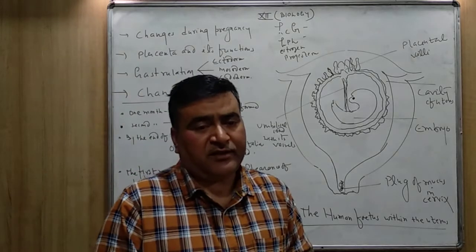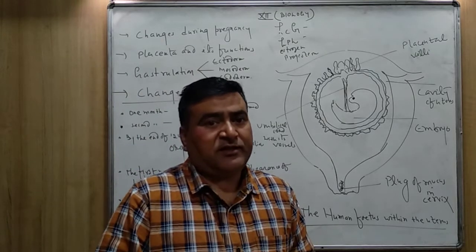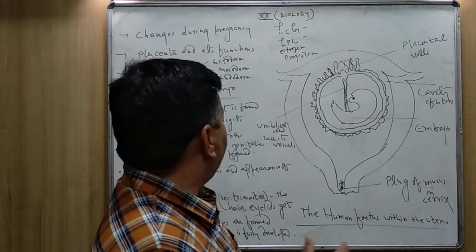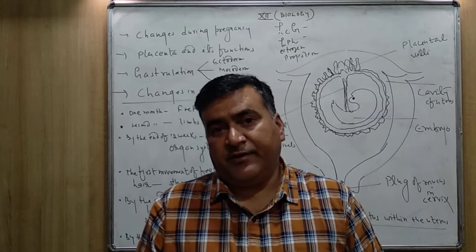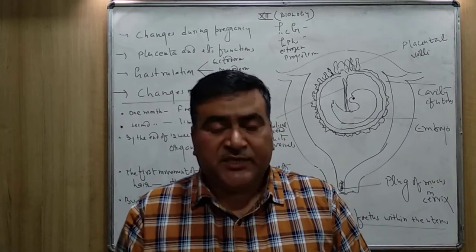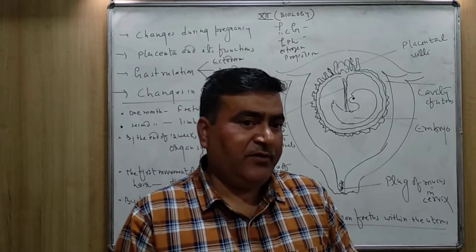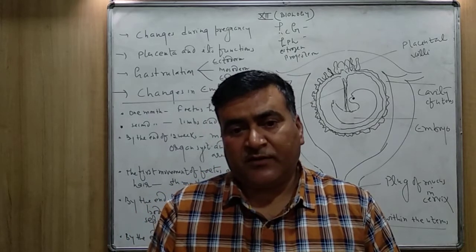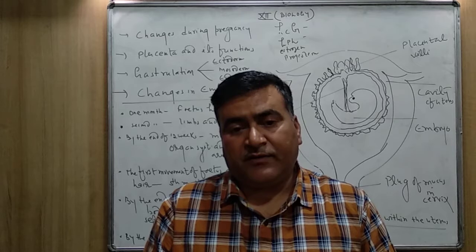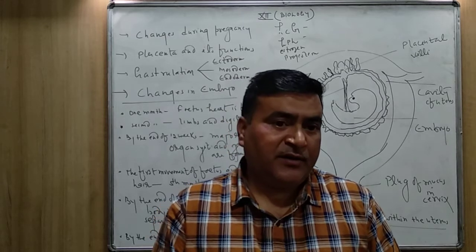Out of 9 months, in the first month, by the completion of 1 month, the heart is formed, and that heartbeat is measured at that time. You can measure it with the help of a stethoscope. The heartbeat can be heard.